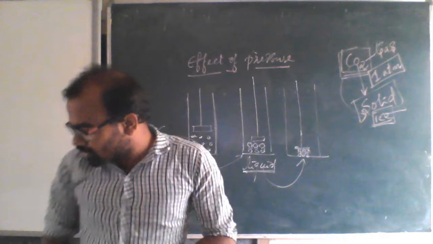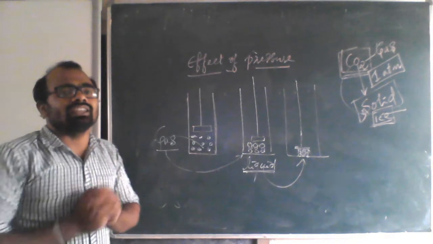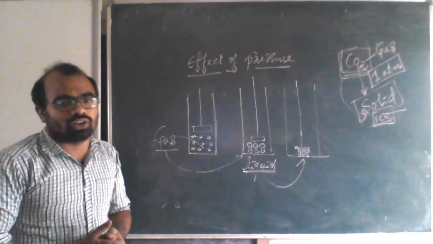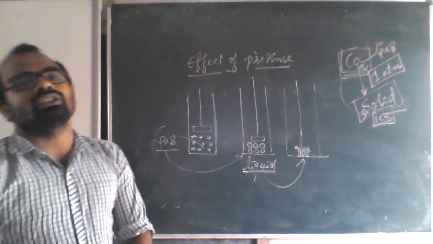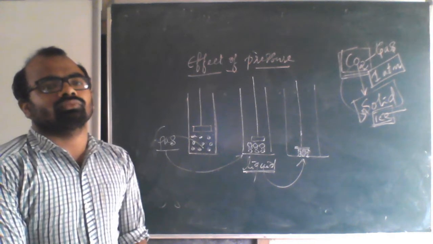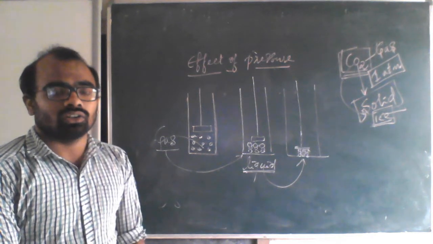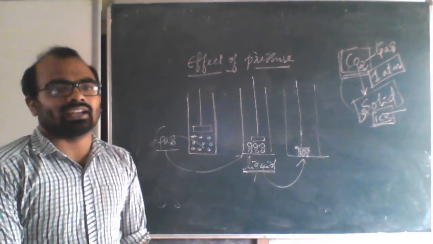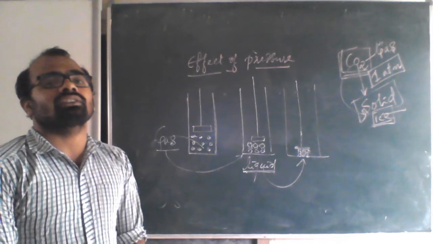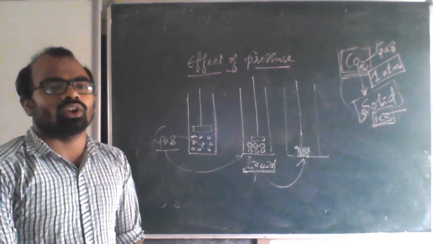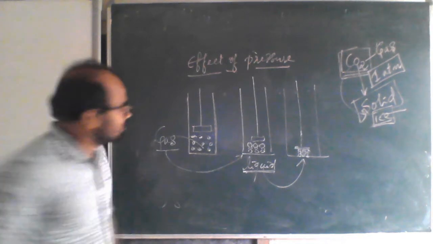On decrease of pressure to 1 atmosphere, CO2, which is a gas under high pressure, will convert directly to solid. Hence it is also called solid ice. So we have to remember these things.